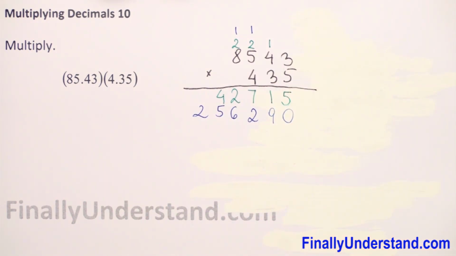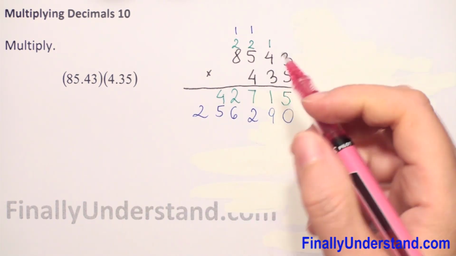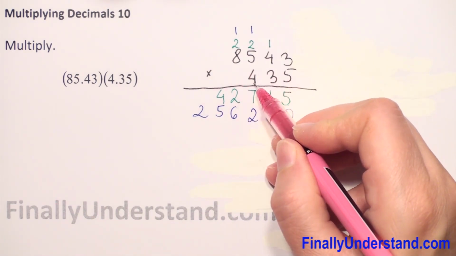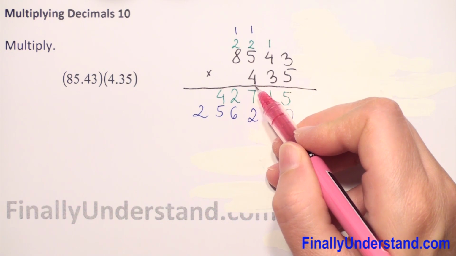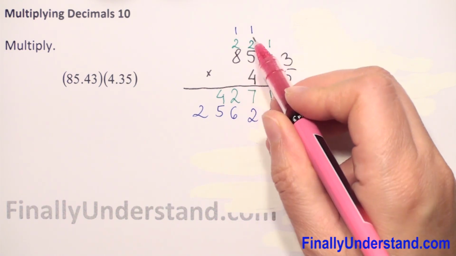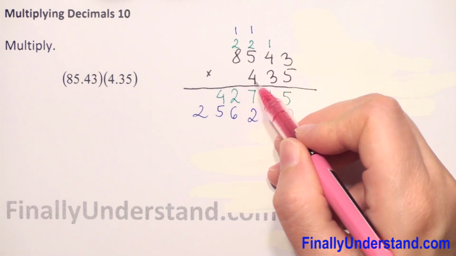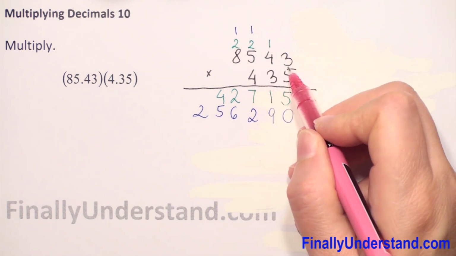And now we have to multiply every number on the top by 4. And remember, because 4 is in the third column, here we have hundreds. So 4 times 100 times 3 is 1200.